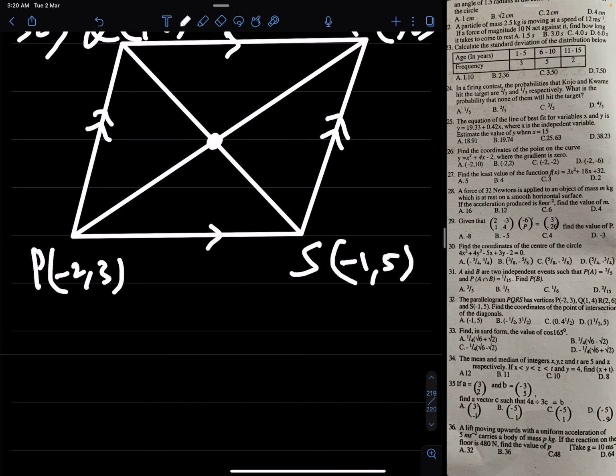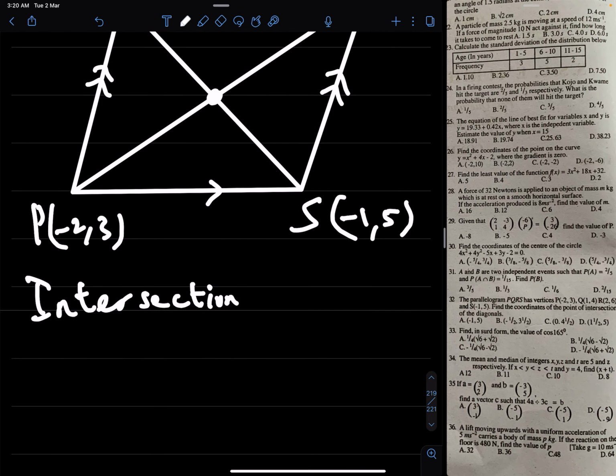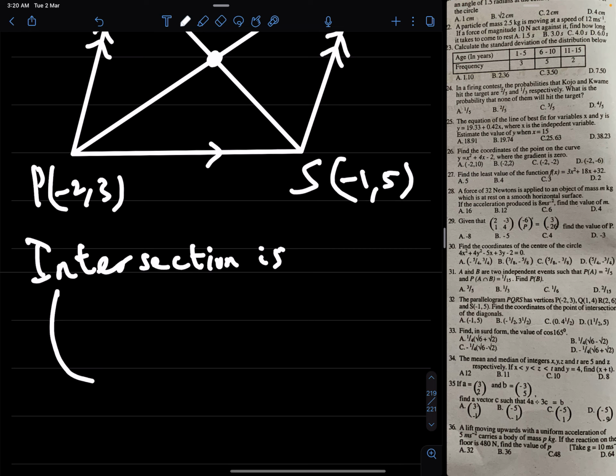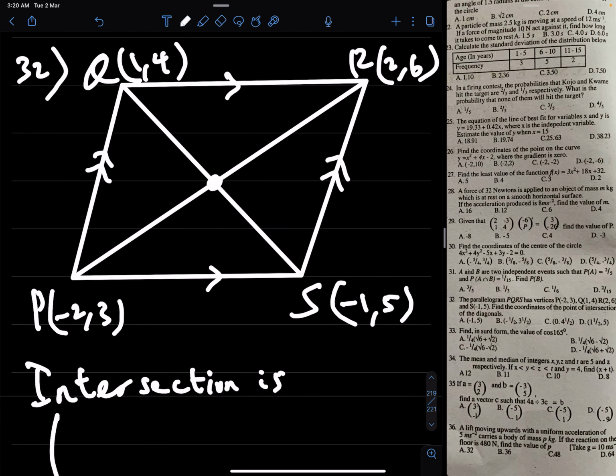So let me say the point of intersection is going to be, I'm using diagonal PR to find the midpoint.